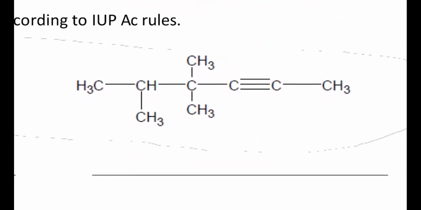Next alkyne, what is the name of the parent chain, including the location of the carbon-carbon triple bond? Great. 2-hexyne.